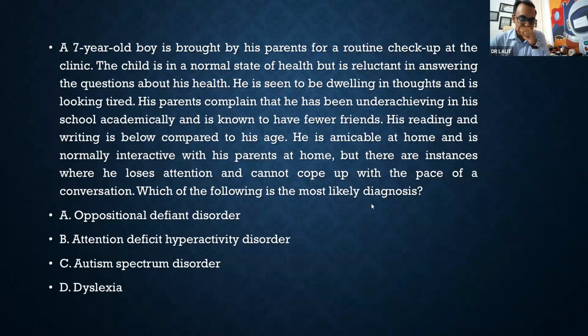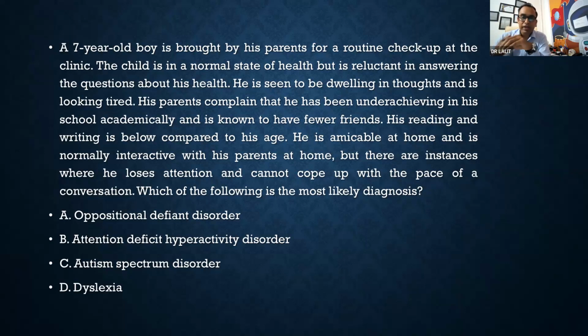Yes, absolutely. Here the answer is dyslexia, because it has clearly been mentioned that he is underachieving in school. School friends are few, because definitely a child with reading and writing issues has problems with interaction. Otherwise, he is amicable at home.